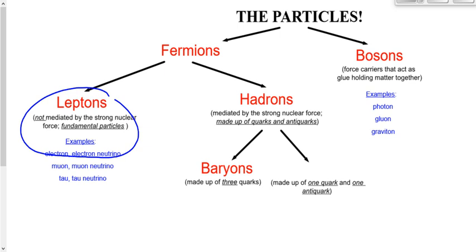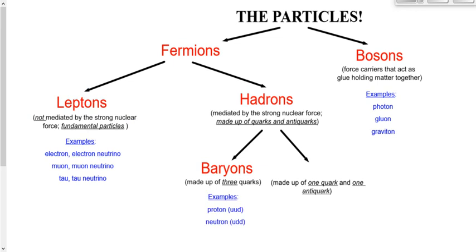There's the up quark, there's the down quark, there's the top quark and the bottom quark, there's the charm quark and the strange quark. We need to be able to deal with the up and the down, because the up and the down quark, combinations of 3 of those make up baryons, which include protons and neutrons.